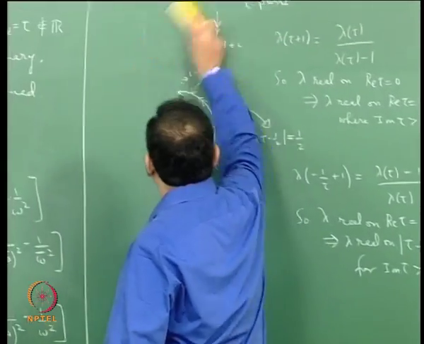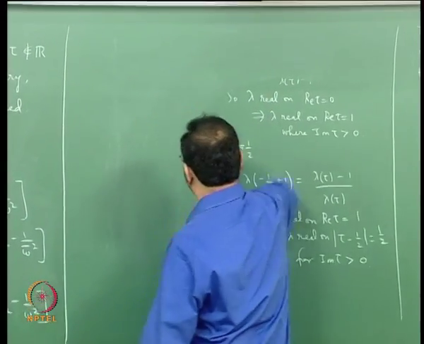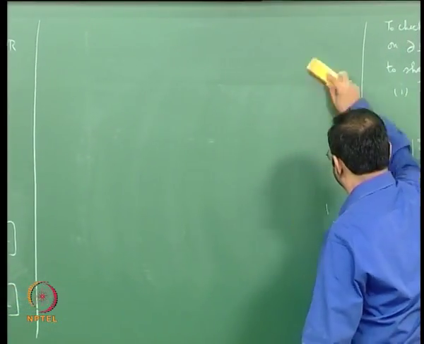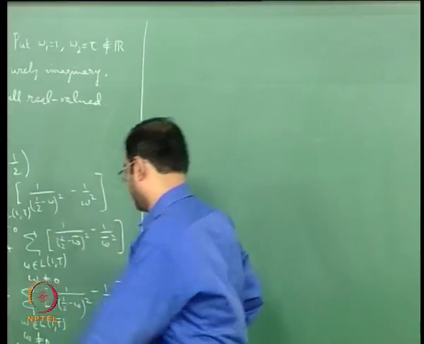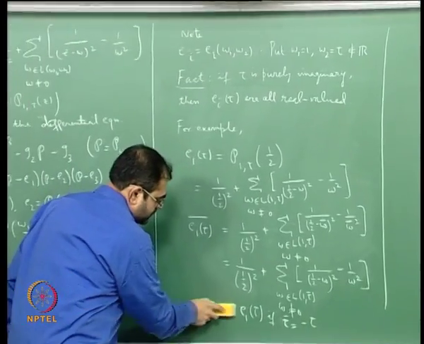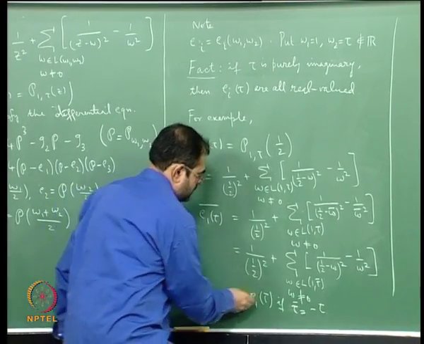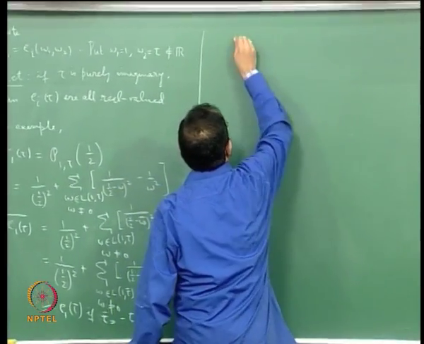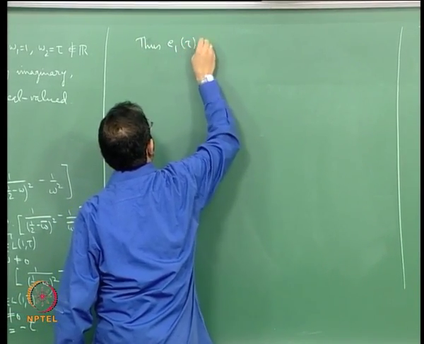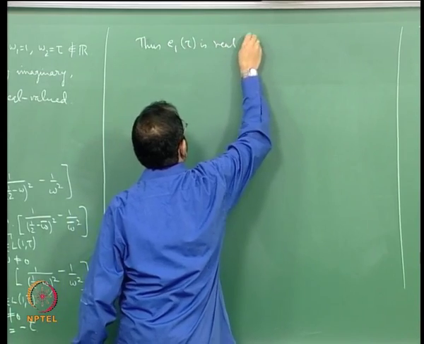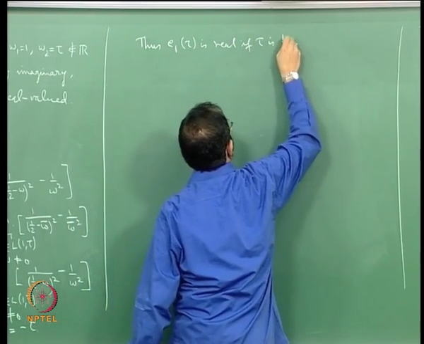So let me write that down. Thus E1 of tau is real if tau is purely imaginary.